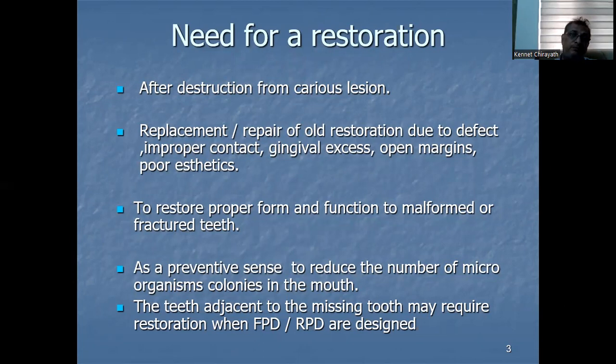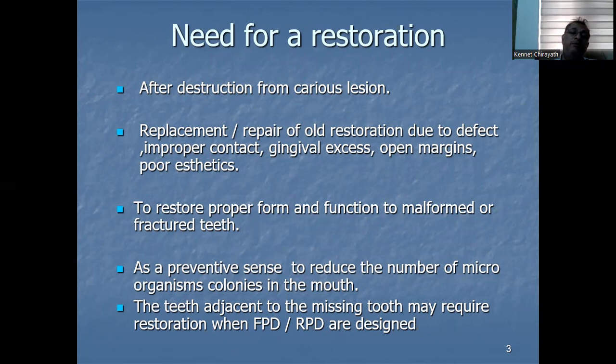The second is if the old restoration is not proper. The third is if the tooth is malformed, restoration to get a proper form and function. The fourth is to prevent colonization of the bacteria that may be present in caries.